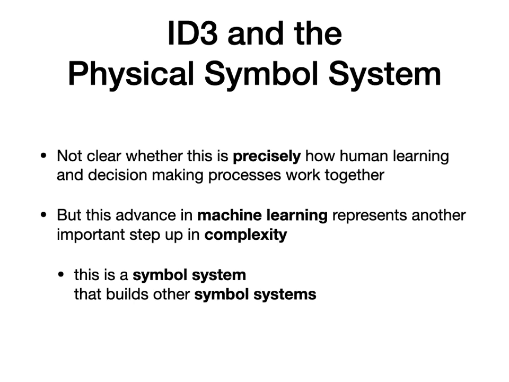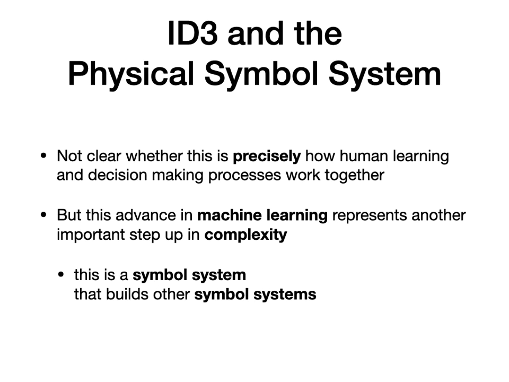ID3 and physical symbol systems in general. It's not clear that this is exactly how humans do learning, right? It's not like every time that we go out and play tennis, we are perfectly updating a perfect database that we have stored in our brains about this. There's likely some other neurological process going on that gets you somewhere close to this, but it does a good job of creating a machine decision-making system, right?